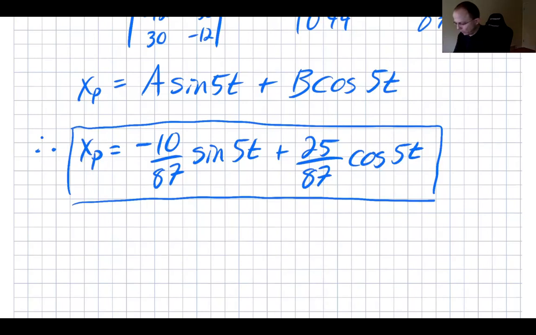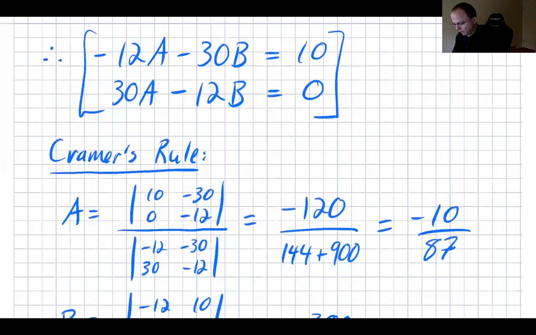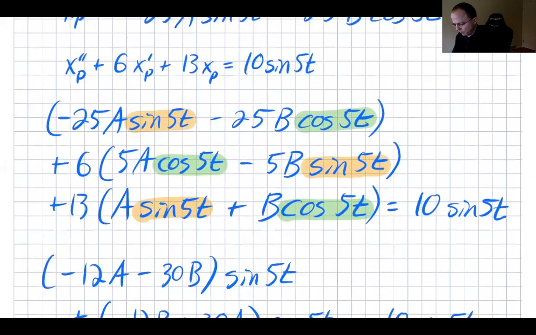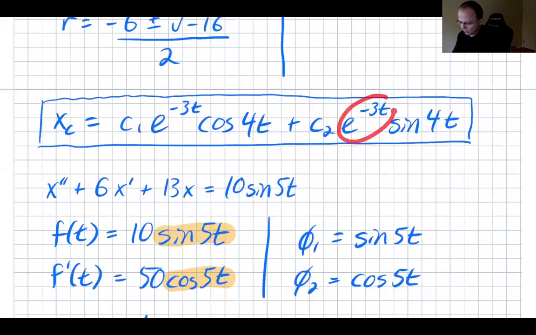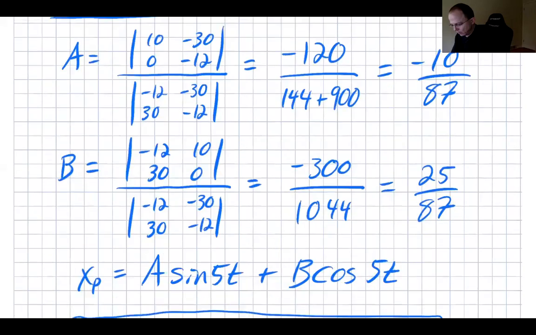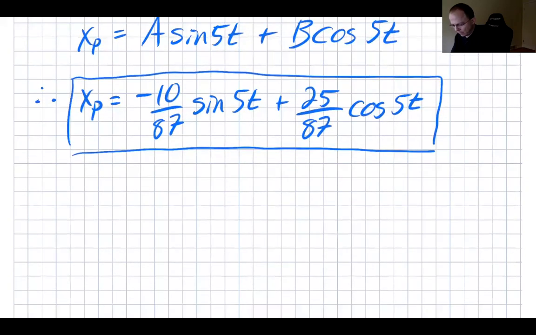But I just want to point out, this is actually going to give us our steady periodic solution, because this will actually continue forever. Whereas the complementary part, this part here, as t goes to infinity, these exponential terms are going to go to 0. Okay, so before we add these two terms together, let's simplify this xp by writing it in a standard form. But maybe I'll just point out quickly.